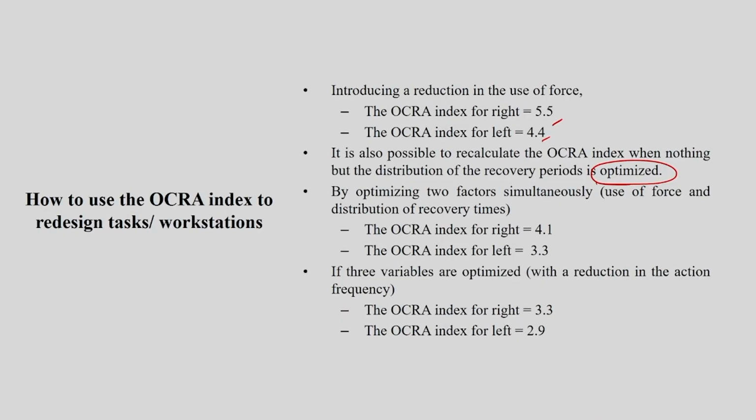So, by optimizing two factors simultaneously, the OCRA index reduced to 4.1 for right and 3.1 for left respectively, and if three variables are optimized, then maybe it can come down to 3.3 and 2.2.